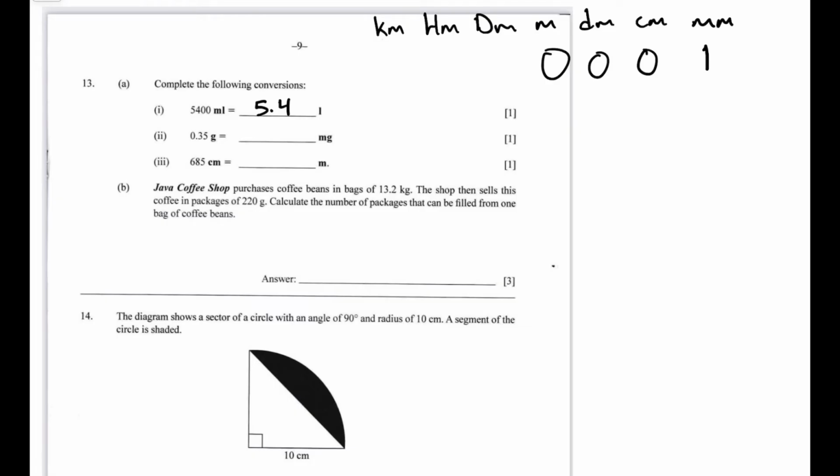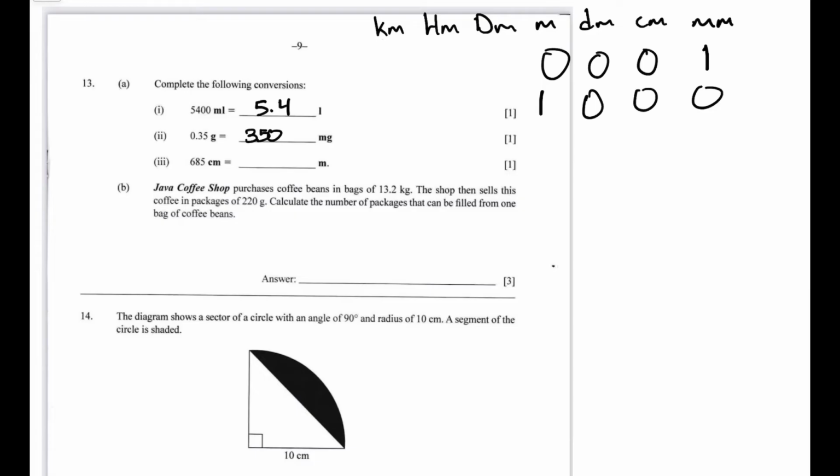And then we're going to convert 0.35 grams to milligrams. So we're going to start off from the M section, which we could pretend says G for grams, and it goes down to milligrams. And so because 1,000 is in the correct state, we're going to now multiply. So we're going to multiply 0.35 by 1,000, and that's going to give us 350.